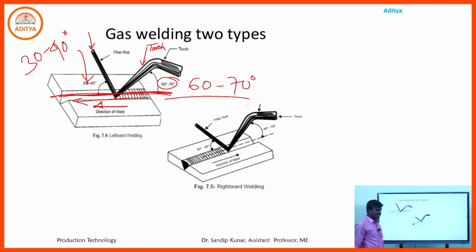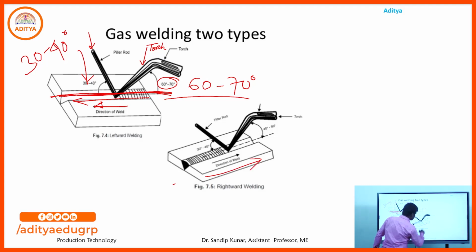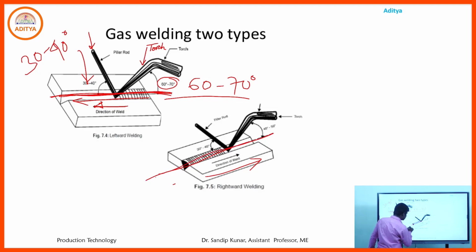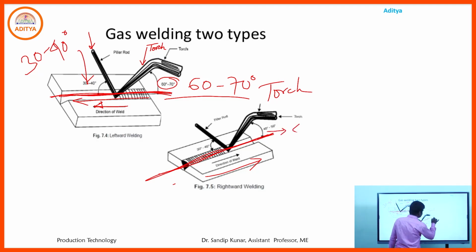In case of rightward welding, here the welding torch is passed from the leftward position to rightward position, that is the direction of welding. If we consider the axis of the weld, the welding torch creates an angle to the axis of weld of 40 to 50 degree.